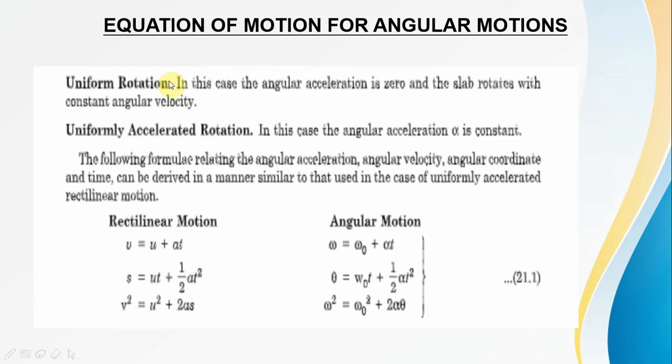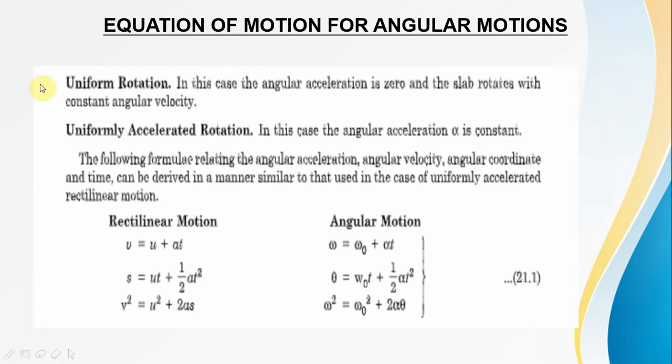In uniform motion, velocity is constant and acceleration is zero. In uniform rotation, the angular velocity is constant and the angular acceleration is zero. And for uniformly accelerated rotation, the angular acceleration is constant.